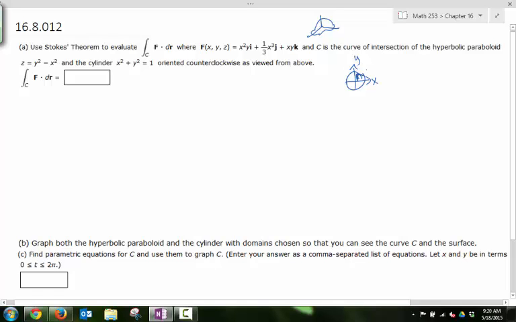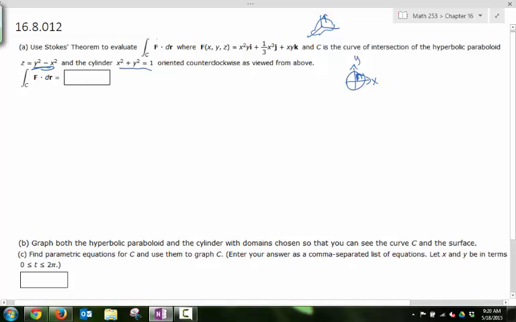So the only relation we want to make out of this is that the orientation will become positive in the k direction when we're looking at the surface. So this is in fact going to be our surface, and this is going to be the boundary of our surface when we change this into a flux integral.